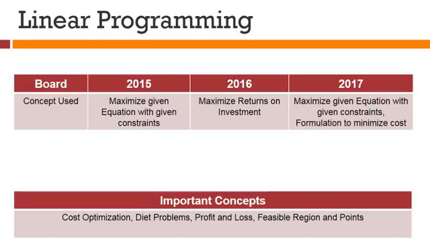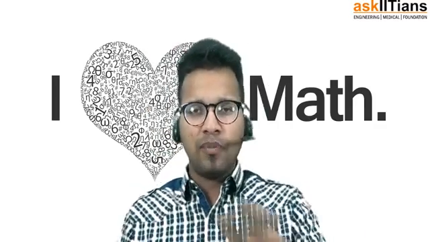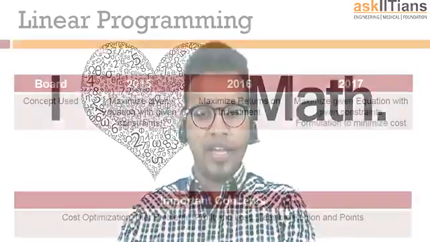So I don't see much innovation in this chapter, and the questions are going to be very standard. Now you can expect a direct question. In a worst case scenario, you will get a complex problem like the one I have given you. So the important change is that a 4 marker and a 2 marker is expected to come this year instead of a 6 marker, because the number of 6 markers has decreased.